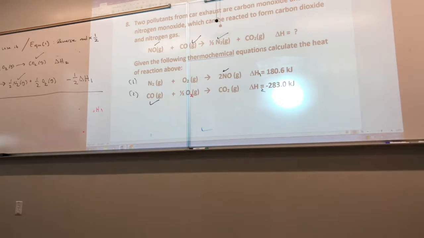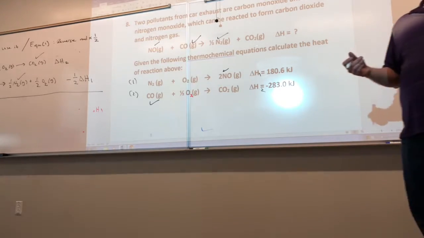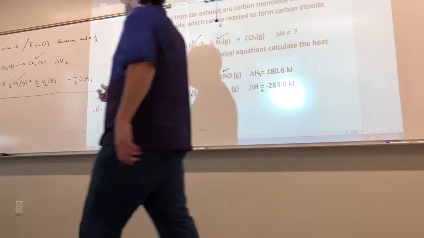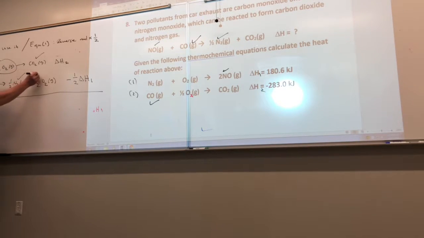If you added the two equations together, what would happen? Does everybody see there's a 1/2 O2 here and a 1/2 O2 on this side? They're the same state, same everything. Those cancel out.